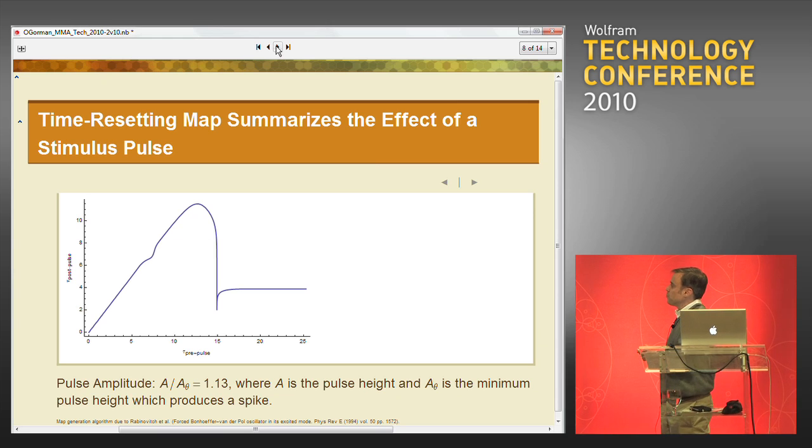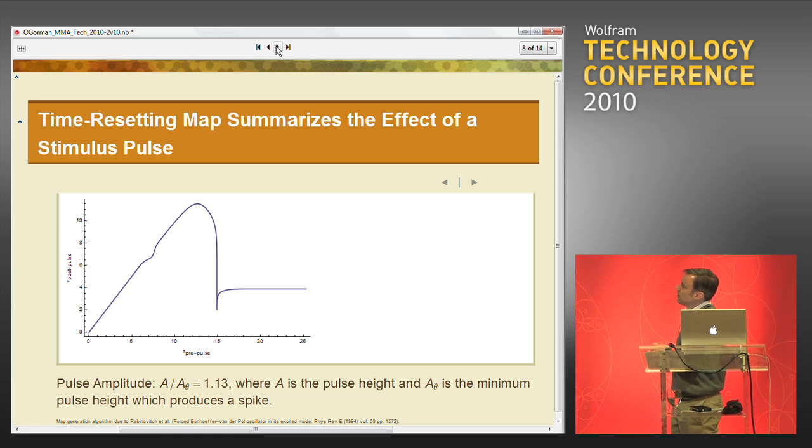That's this flat portion. All these points that are really close to rest all get reset to around 4. The other easy case is really small values of tau. The pulse has no effect. And so if you're at 5 and a pulse comes in, you're reset back to 5. And so you already have two features of the map. It has to be flat out here and linear with slope 1 here, and they have to join up somewhere.